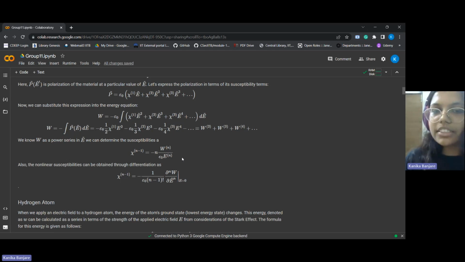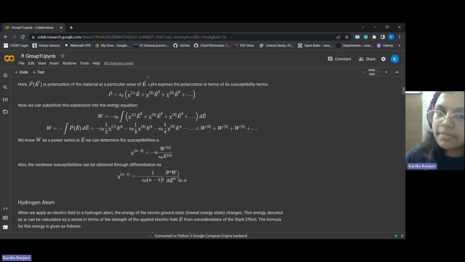And also, instead of using a power series, we can obtain this through differentiation. For that, we need to differentiate W with respect to E, differentiating it n times. We get this.